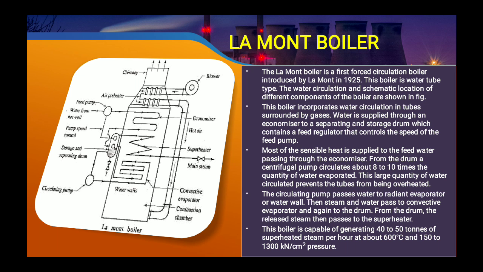From the drum, it is released to the superheater and hence the steam is superheated and supplied to the turbine or other mechanical process. This boiler is capable of generating 40 to 50 tons of superheated steam at about 1600 degrees Celsius at a pressure of 1300 kilonewton per centimeter square. So this is the first one.